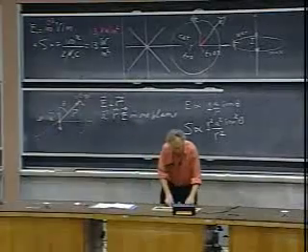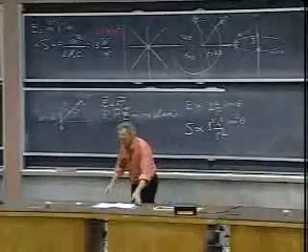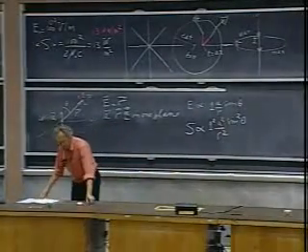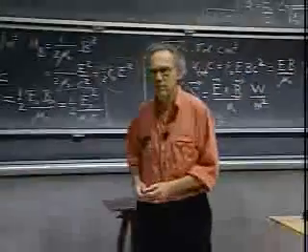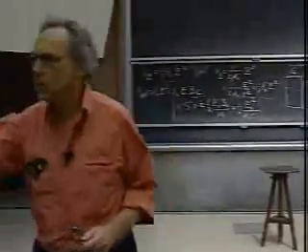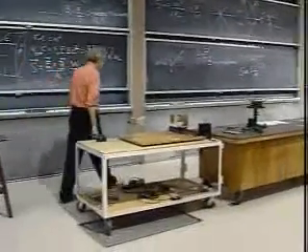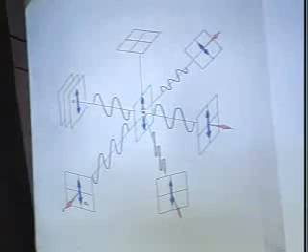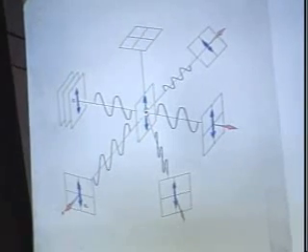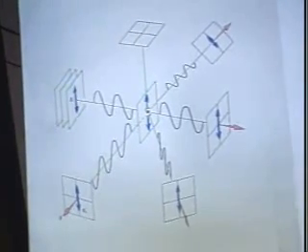I want to show you a picture that may help you see how the electric field is oriented relative to a charge that we are accelerating. In the middle here, we accelerate a charge up and down.